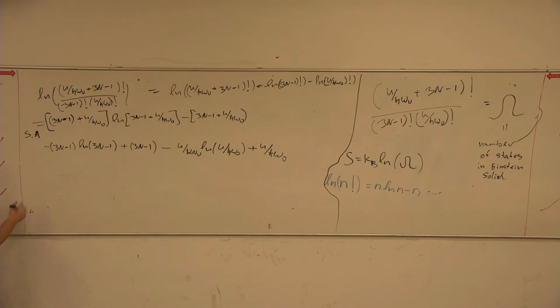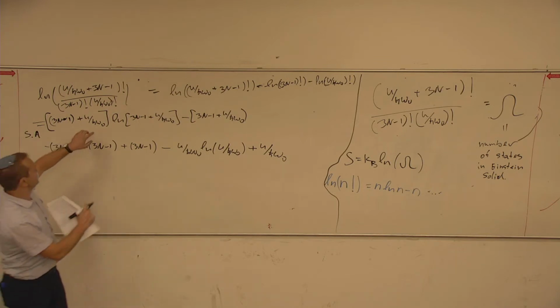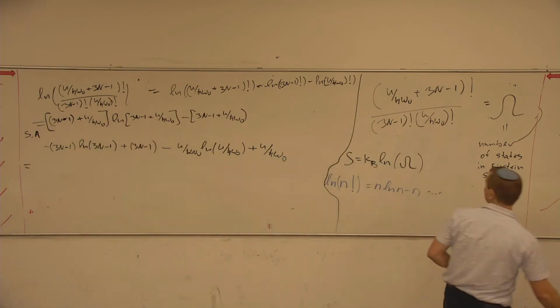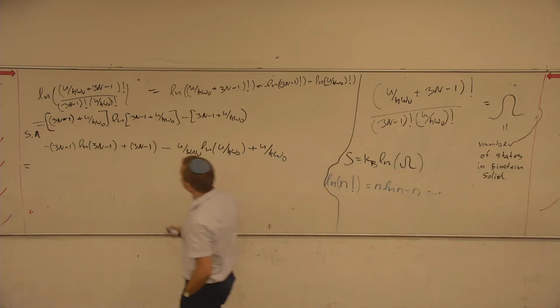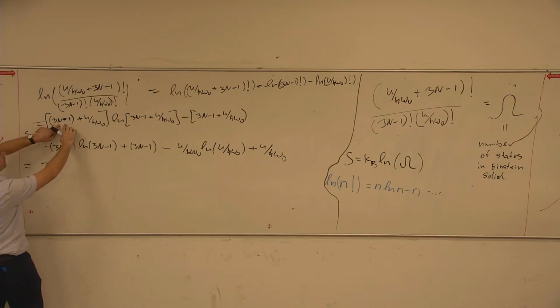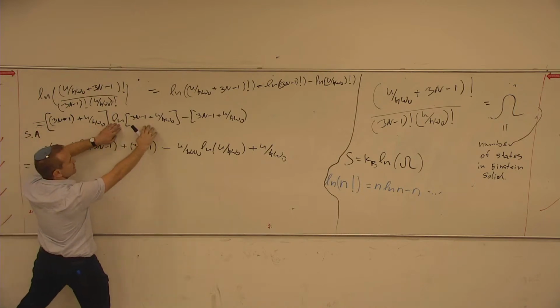Okay, so what do we do now? We take this and separate it into the following multiplication. I'm taking the (3n − 1) multiplied by the log, and I write the log as a multiplication.